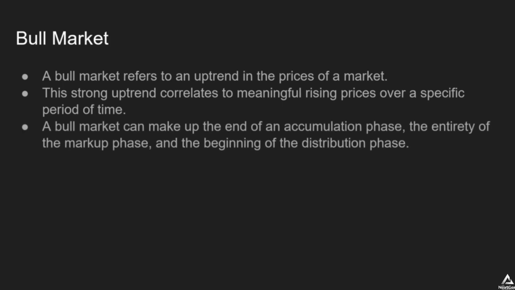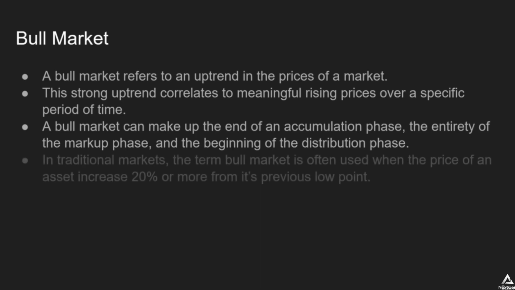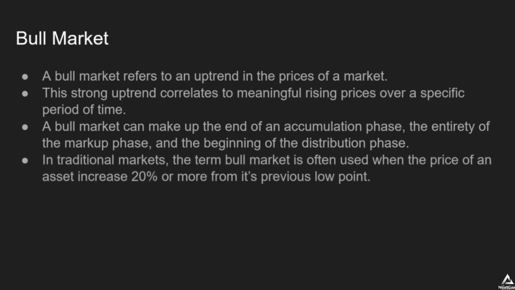Now, a bull market can make up the end of an accumulation phase, the entirety of the markup phase, and the beginning of the distribution phase. In traditional markets, the term bull market is often used when the price of an asset increases 20% or more from its previous low point.